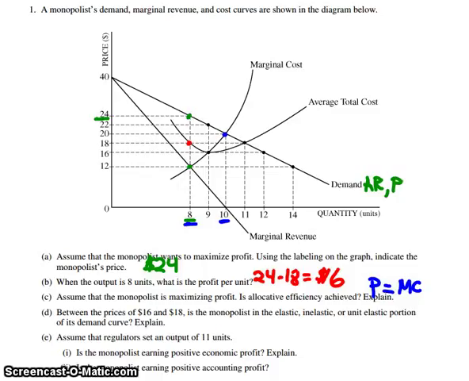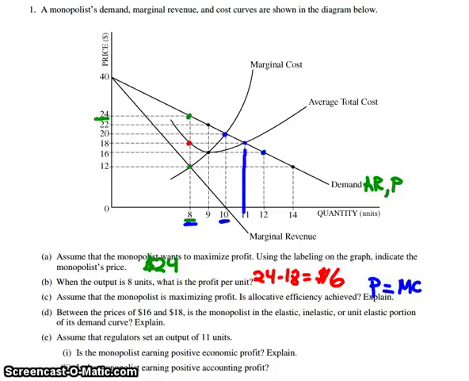Moving on to D. Between the prices of $16 and $18 is the monopolist in the elastic, inelastic, or unit elastic portion of its demand curve? Okay, so between $16 and $18, here's $18, here's $16.